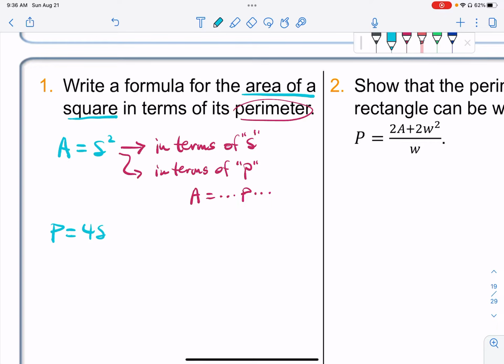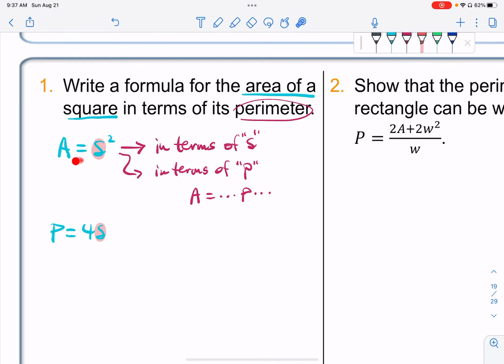Now you want to take a look at both of your equations and identify what they have in common. Here we have an S, a side length, on both of the equations. That shows you which variable you're going to solve for. And you're not going to solve for the S in the A equation. Why is that? The reason is that it tells us to write a formula for the area of a square.